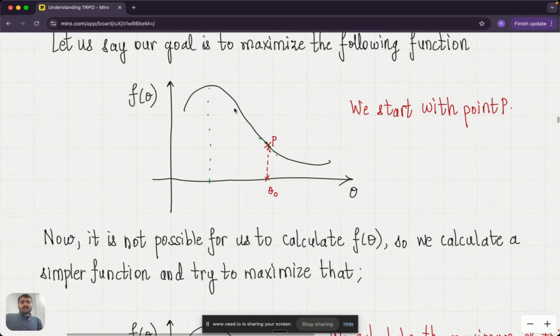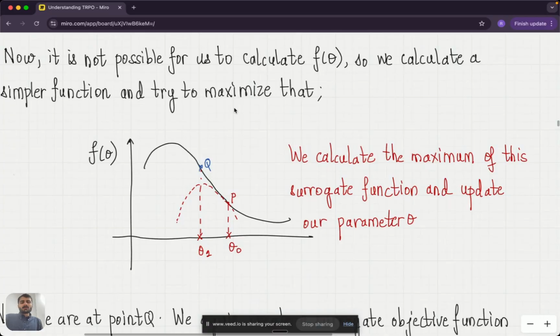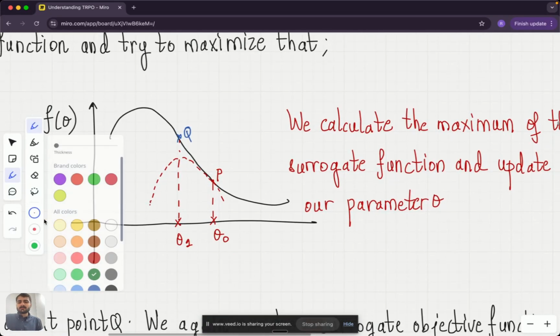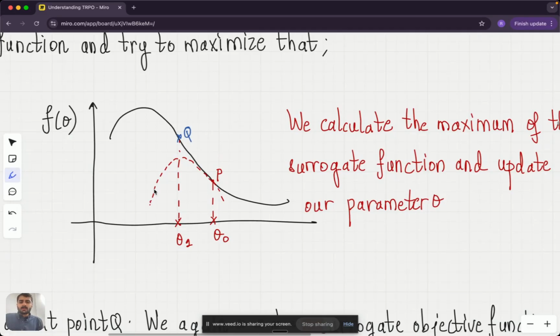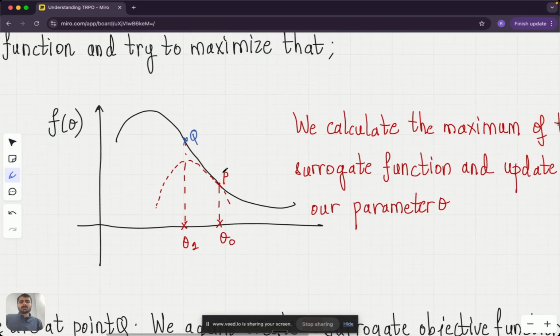Well, we calculate a simpler function and we try to maximize that. So if you look at this red function over here, this red function is something we know, and this red function is always going to lie below the black function.